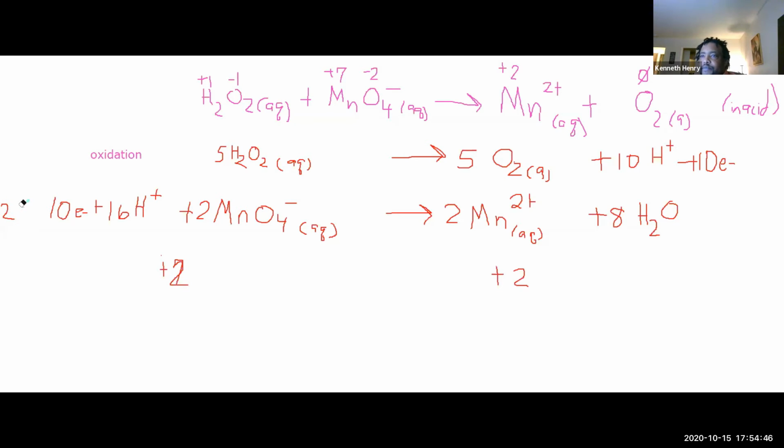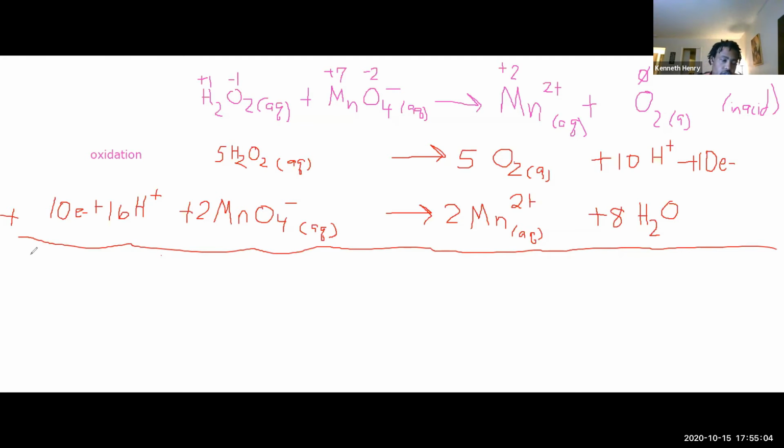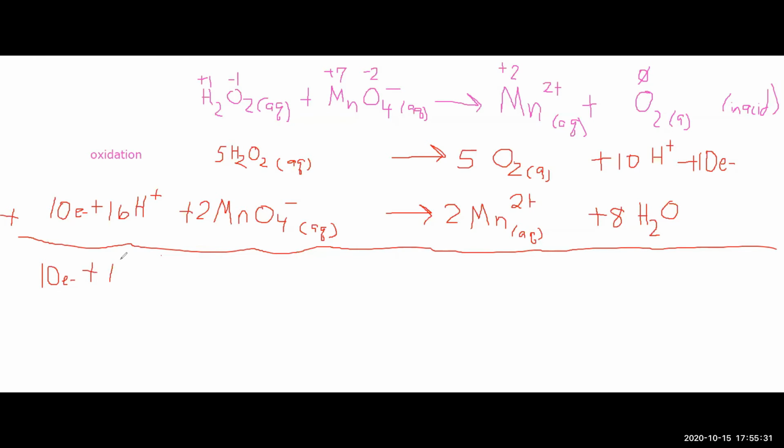Now let's add up our equations. Okay, what do we get? 10 electrons plus 16 hydrogens. What is that guy called?